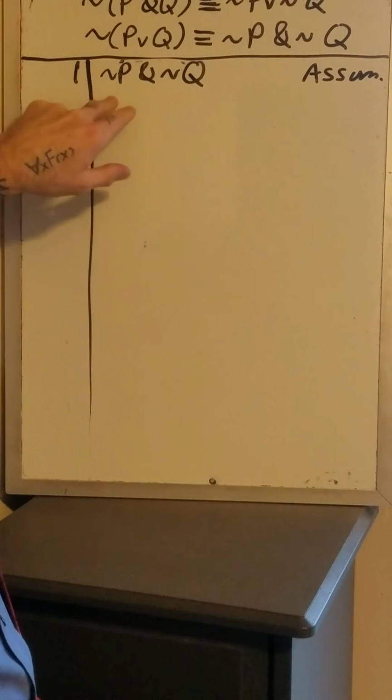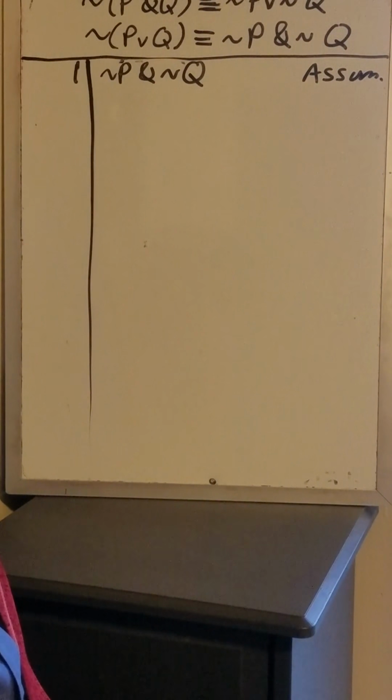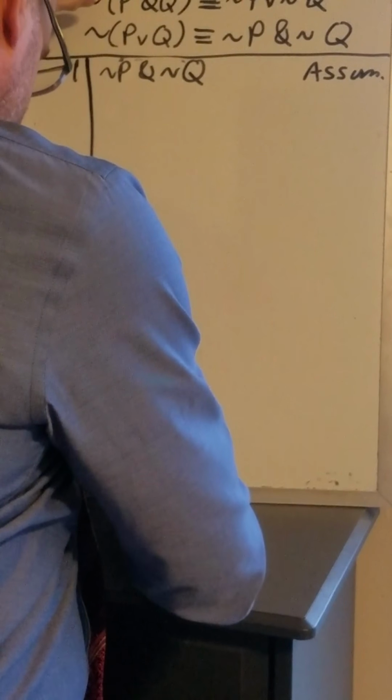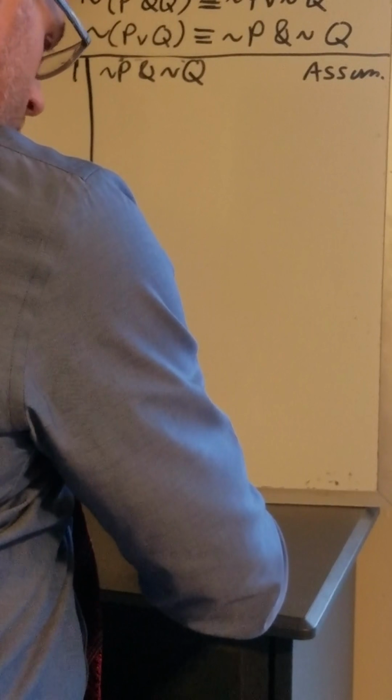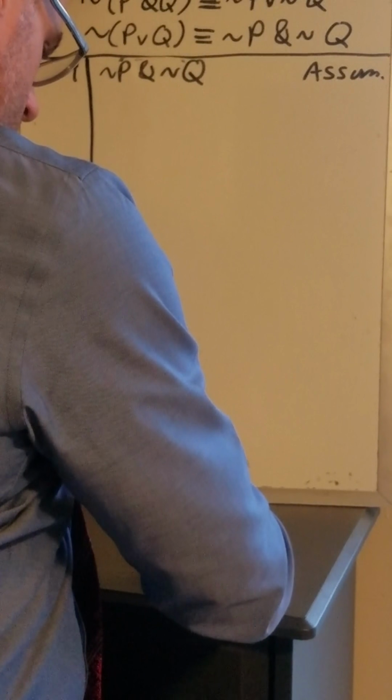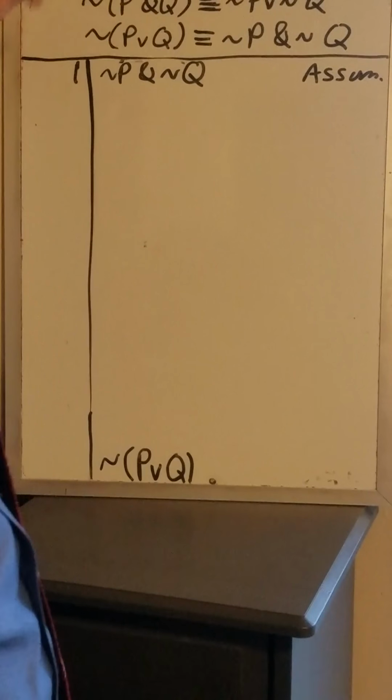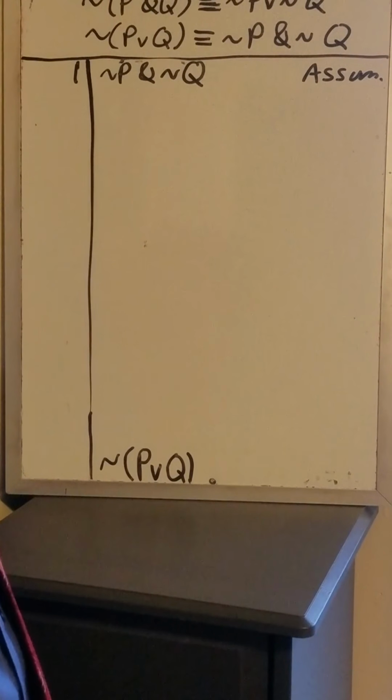So we're assuming not P and not Q, and we want to show that we get not P or Q. All right, so how can we do this?